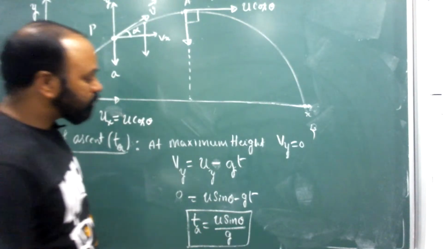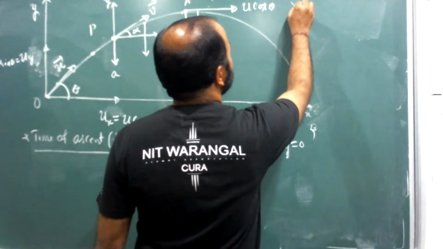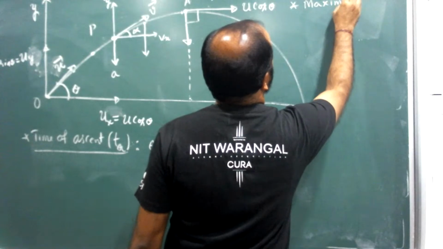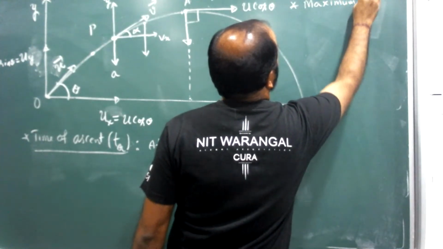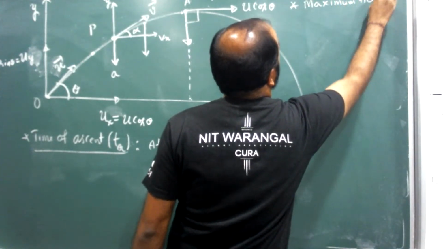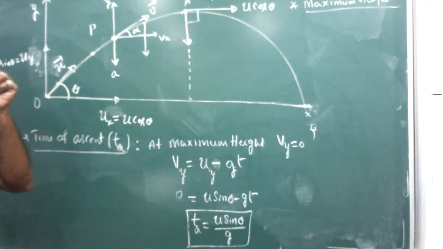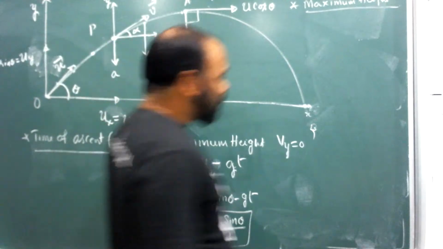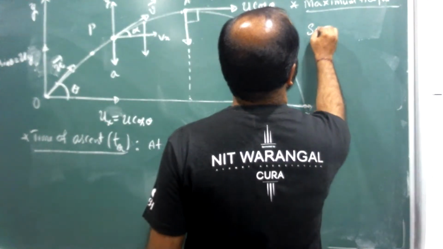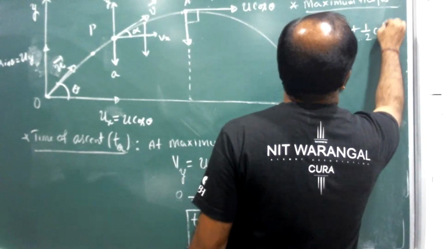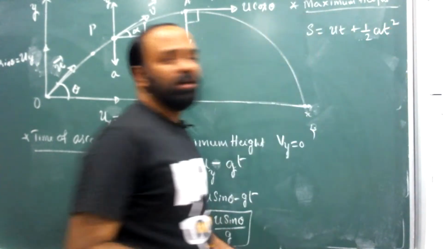Now see, the second one they asked is the maximum height. For maximum height we have the formula, the second equation of motion, s equals ut plus half at square.